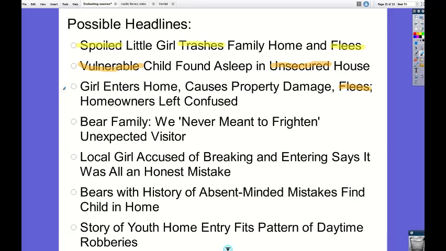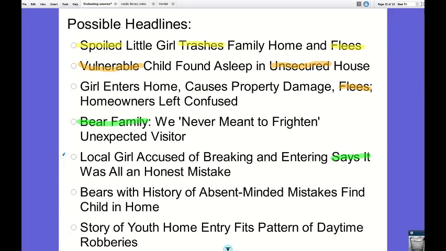Next we have two that basically give us the perspectives of the two different sides. The first one includes a direct quotation from the Bear family, and the second one gives us the fact that this is her explanation. She says it was all an honest mistake.